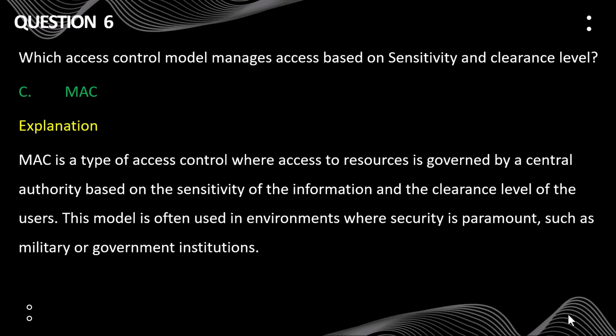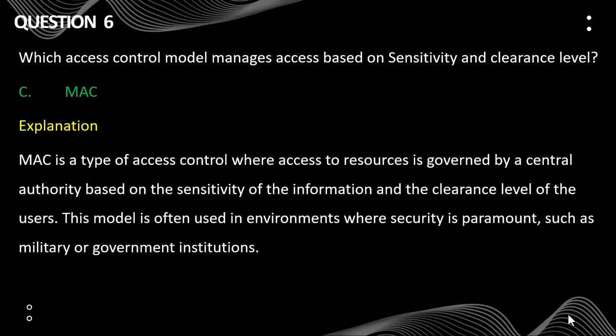This type of access control, like we've earlier stated, is used where access to resources is governed by a central authority based on the sensitivity of the information and the clearance level of the users. This model is used in a situation where security is paramount, like government institutions and the military.